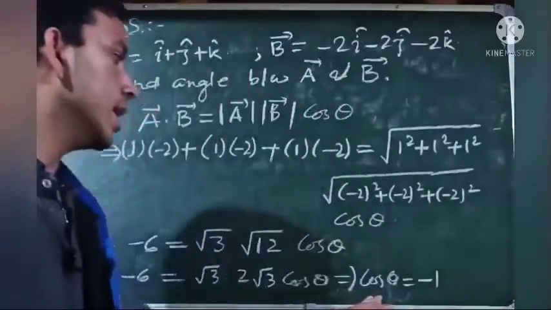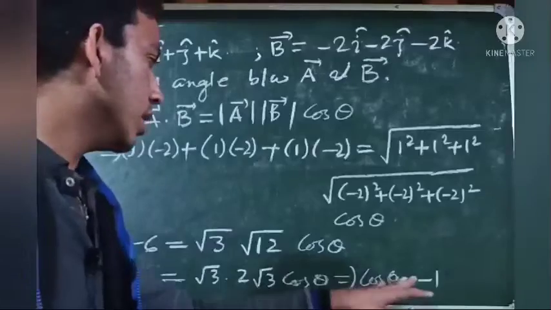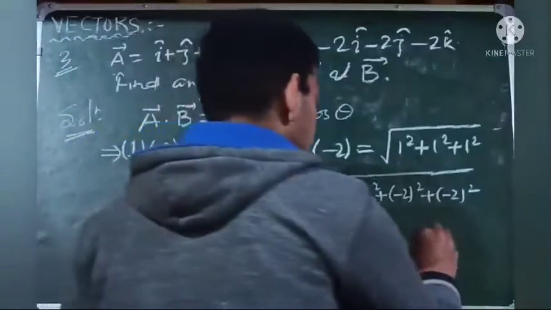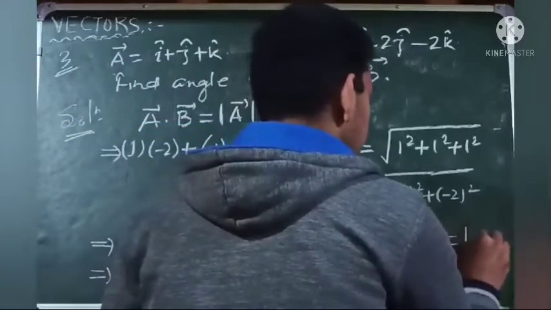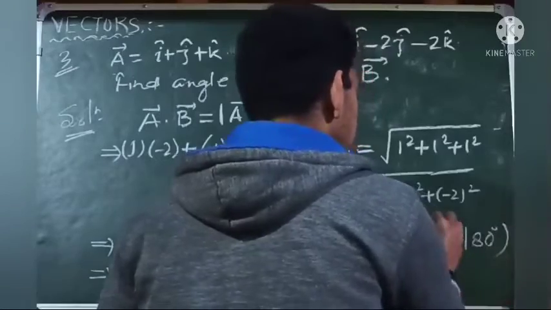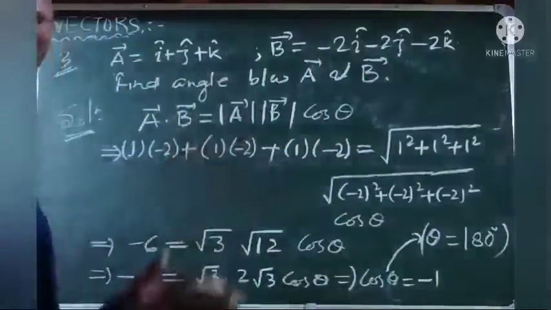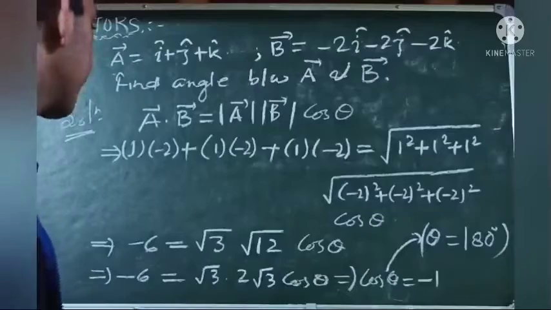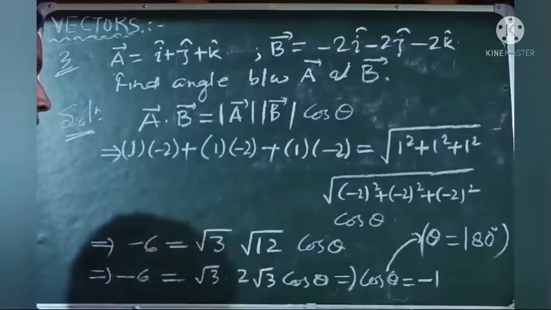Now we know that cos of 180 degree is equal to minus 1. Therefore, theta is equal to 180 degree. That means both these vectors are pointing in opposite directions. This is the answer of this question.